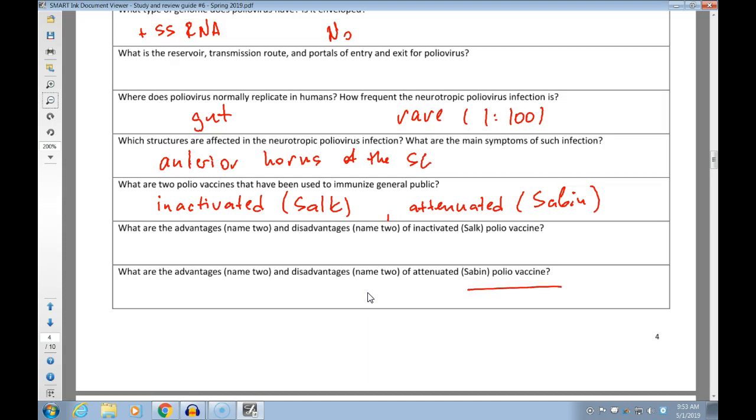So advantages: even one administration of the vaccine may be sufficient for the protective immunity. Easy to administer. It's oral vaccine. Disadvantages: may cause vaccine-derived encephalitis because reverts to the wild type. Okay.